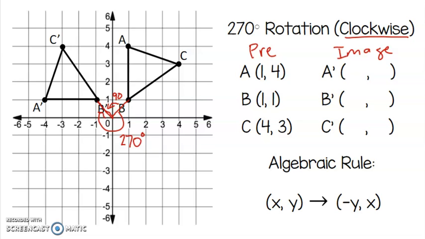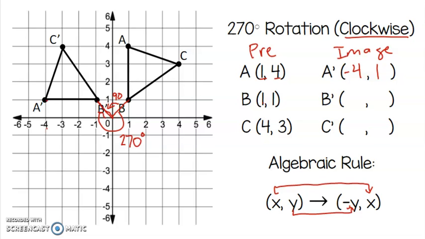And again, if we look at the rule, our x and y are swapping places, and the y changes sign. Okay, so swap places. I have x, y, so now it goes y, x, swap places, change the sign of y. So -4, 1. And if I go check A prime, -4, 1, there it is.